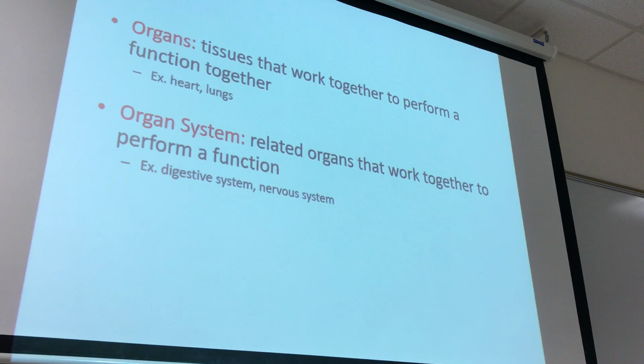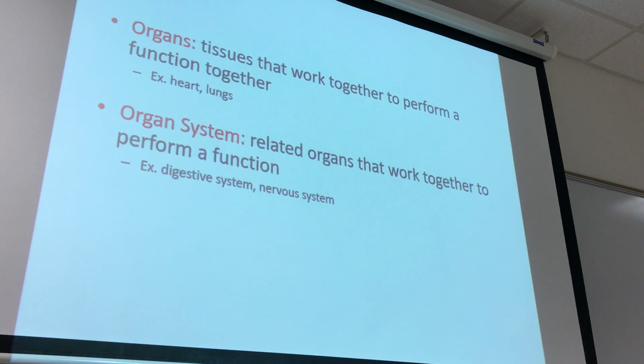An organ system, on the other hand, is when you take a series of organs, link them together in one way, shape, or form, and all of those organs work together to create one larger overall function. For example, the stomach's job is to turn solid food into liquid food. But the stomach is part of a greater organ system, the digestive system.